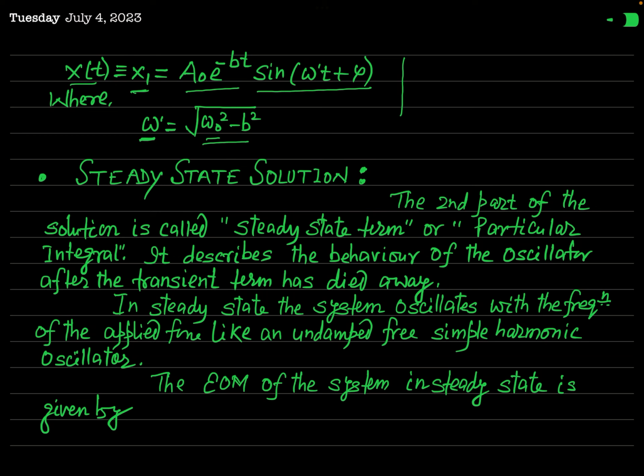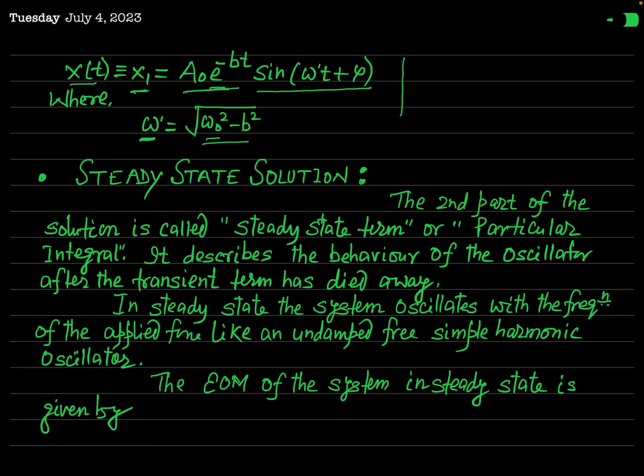Now in the second part, our aim is to find the steady state solution of the equation of motion of the damped harmonic oscillations. In fact, when you say steady state, what does it mean? It means, as I have told you earlier, that this solution x1 contains the factor e to the power minus bt.